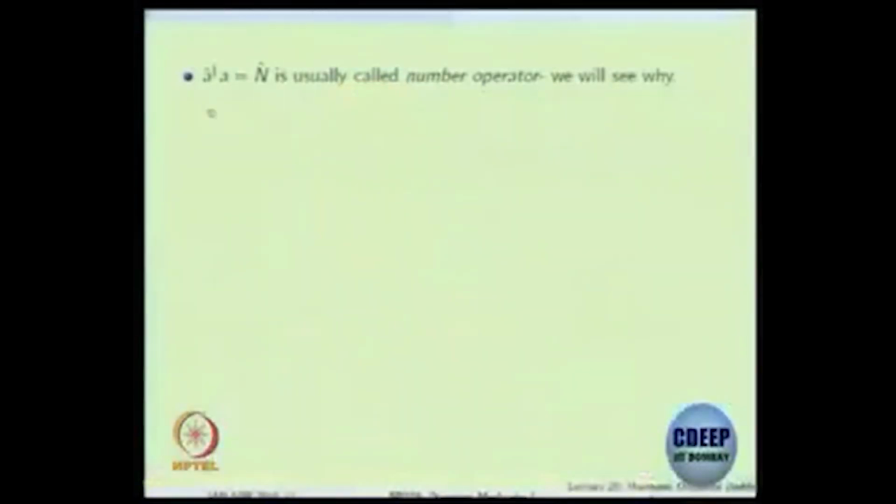So in all the books, you would have seen that A dagger A is called the number operator. We will see why it is called a number operator. Typically, if you say it is a number operator, it should extract the number of particles, some kind of an integer number. Then we call it a number operator. So we need to see why this A dagger A is called a number operator.